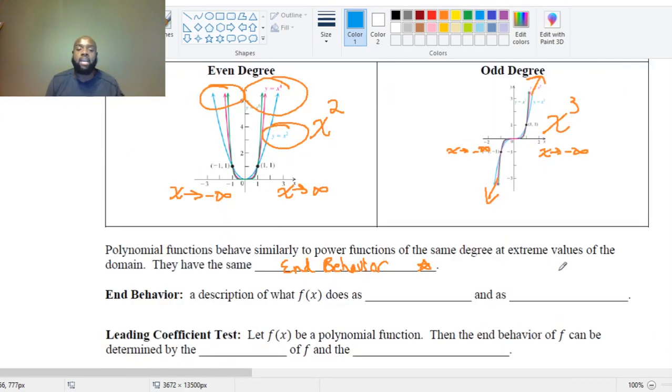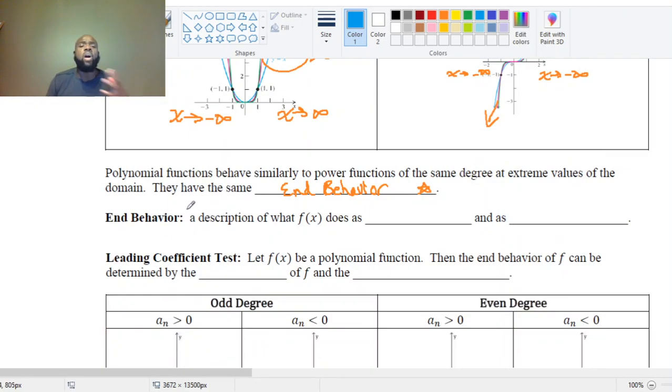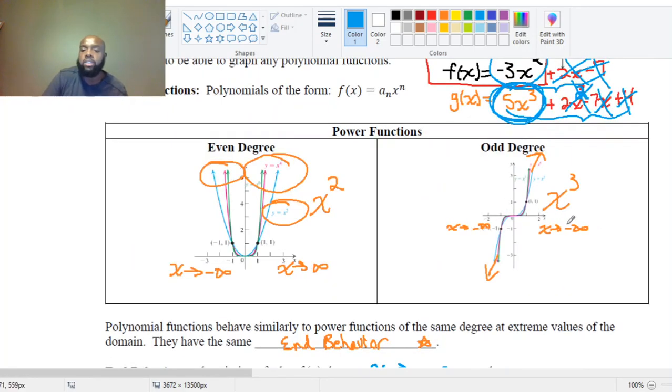That is what we mean by end behavior. And so end behavior is a description of what f of x does as x approaches. So we say x, and then this arrow to the right means approaches. I'm going to put negative infinity, and then x approaches positive infinity. And I'm seeing up here where this should have been a positive infinity because that's the right side of the graph. So I apologize for that.